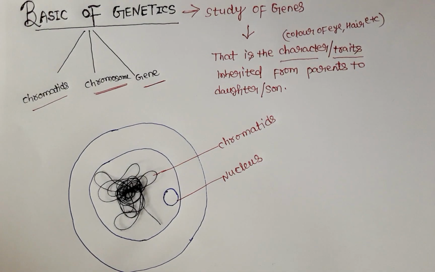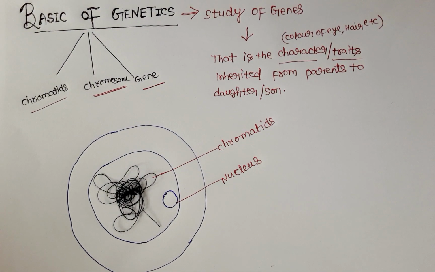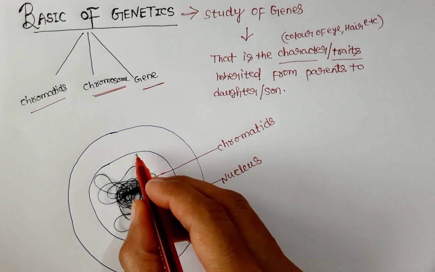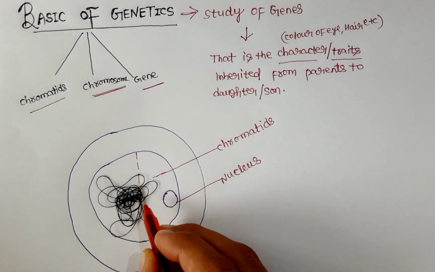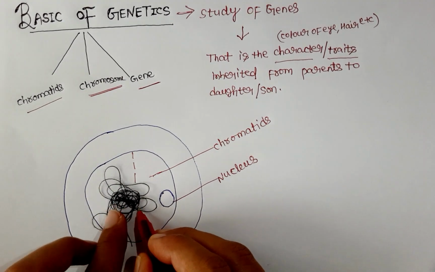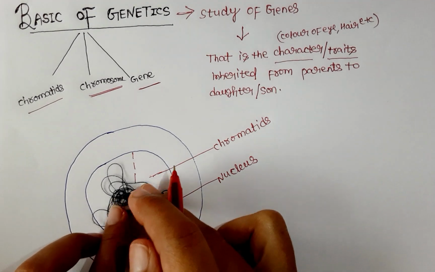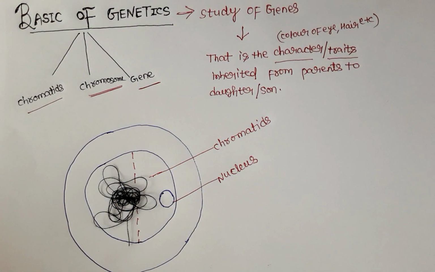And after cell division, as we have studied in earlier classes, the first part that divides is the nucleus. So, it divides from here. Is it possible to divide with this untangled thread? No, it can't be possible to divide like this.